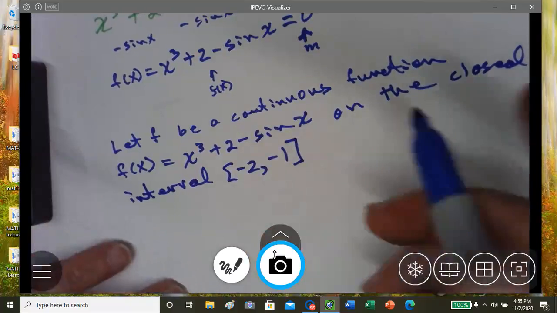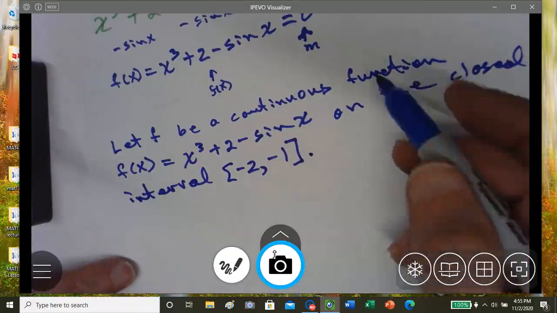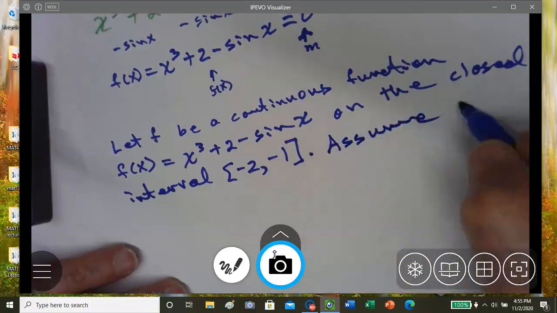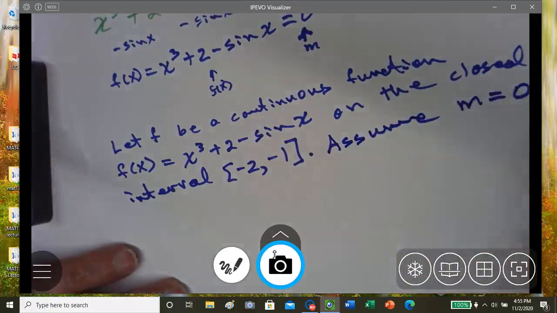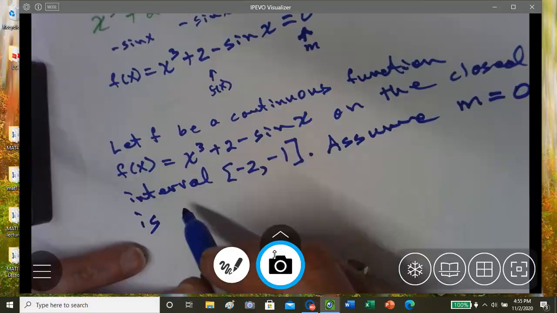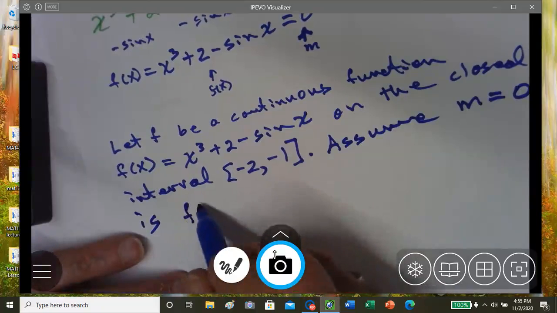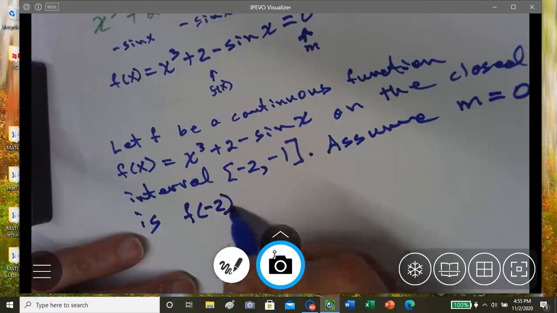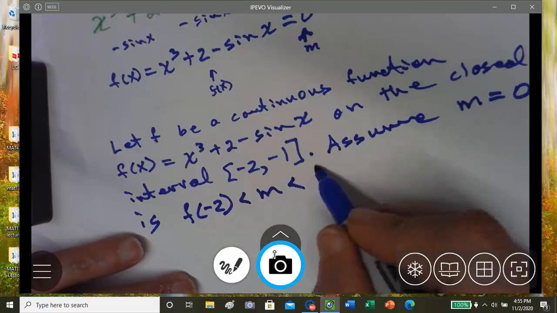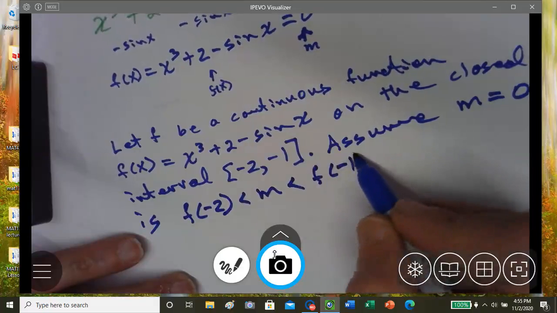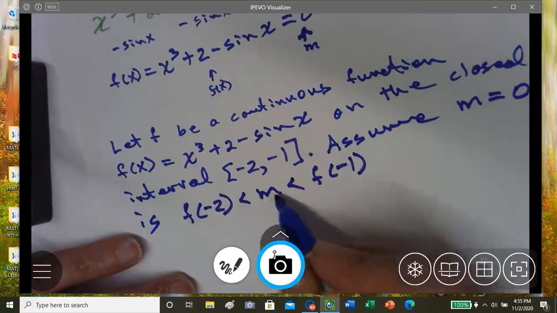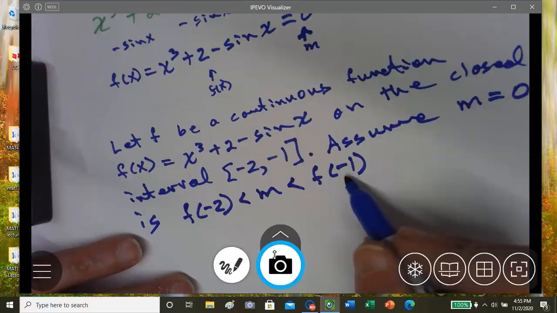Okay, next, assume that m equals 0 is between f of -2 and f of -1. So m is greater than f of -2 and less than f of -1.